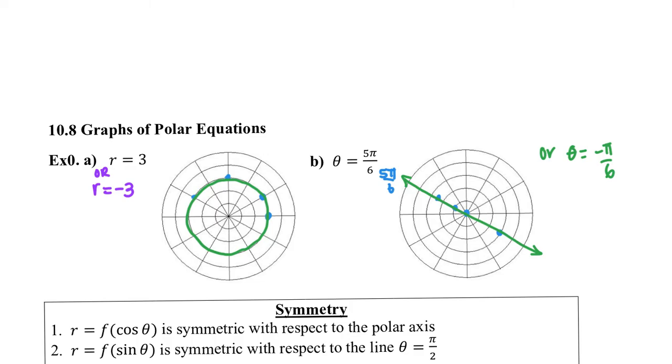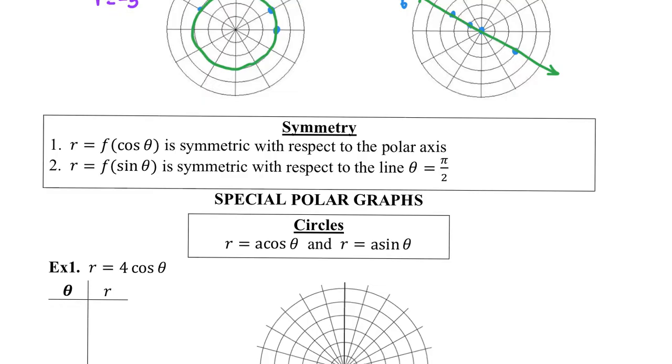Okay, now in this section, we're going to explore certain kinds of special polar graphs, where once you get used to them, you'll recognize the shape, and then we will use symmetry to graph the function a little bit quicker than we might otherwise. So in terms of symmetry, which we'll play with Desmos in class so you can see what I'm talking about, if your equation starts with r equals and it's in terms of cosines, so for example, r equals 4 cosine theta, it's symmetric with respect to the polar axis.